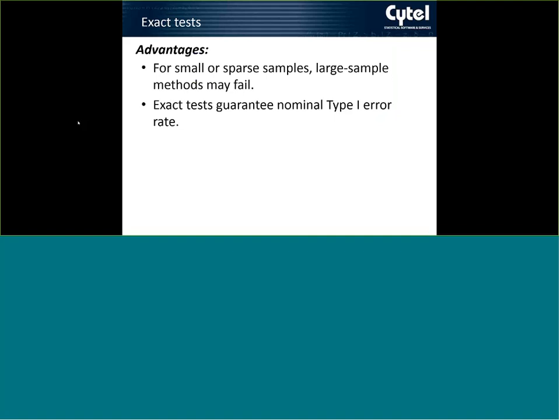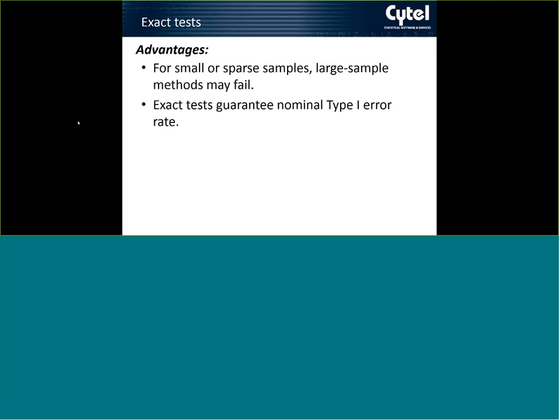But I want to take a step back to illustrate very briefly why these issues are important when considering these improvements to StatXact. Of course, very broadly speaking, not to oversimplify, the general advantages of exact tests are that they're much more accurate and useful for smaller, sparse samples. In other words, there are times when for small samples or very sparse samples, large sample methods just fail altogether.